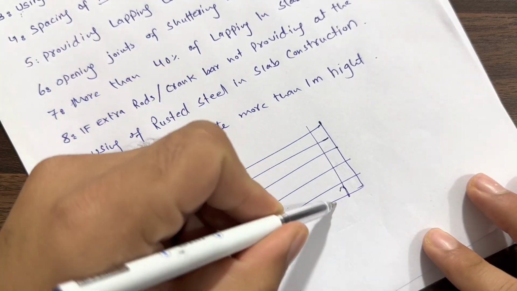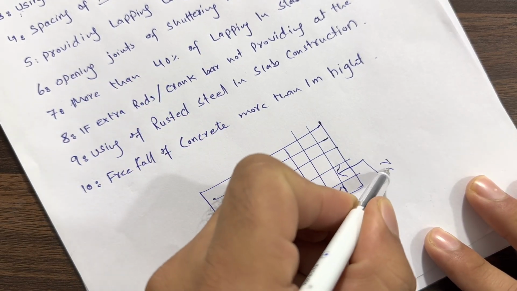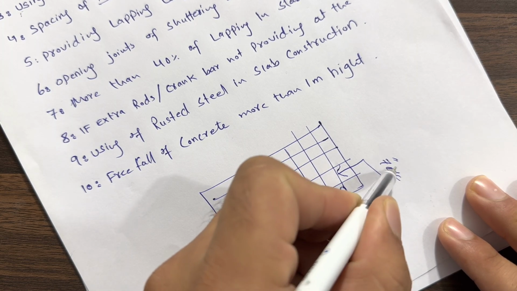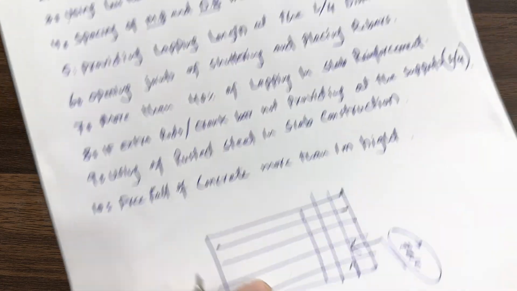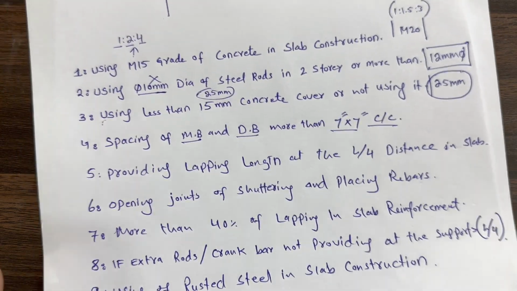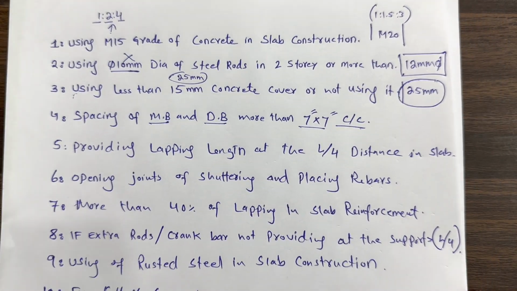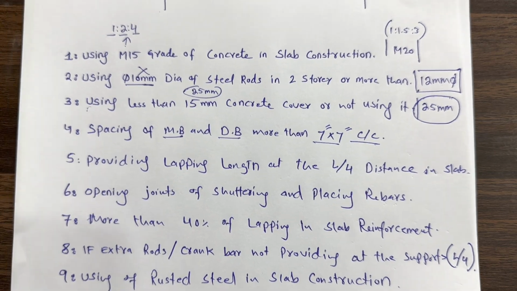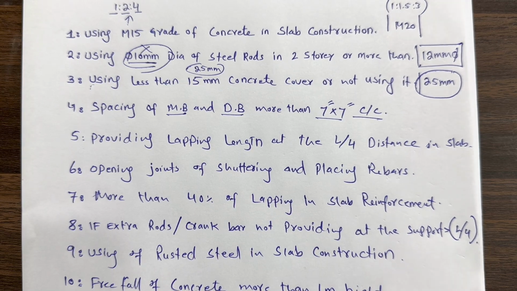When you are providing main bars and distribution bars, the spacing should not be more than 7 inches center to center. So it should not be more than this. You can use spacing between 5 to 7 inches, whether it is 12 millimeter diameter steel rod or 10 millimeter, but I am telling you, don't use 10 millimeter diameter steel rod in the construction of RCC slab.